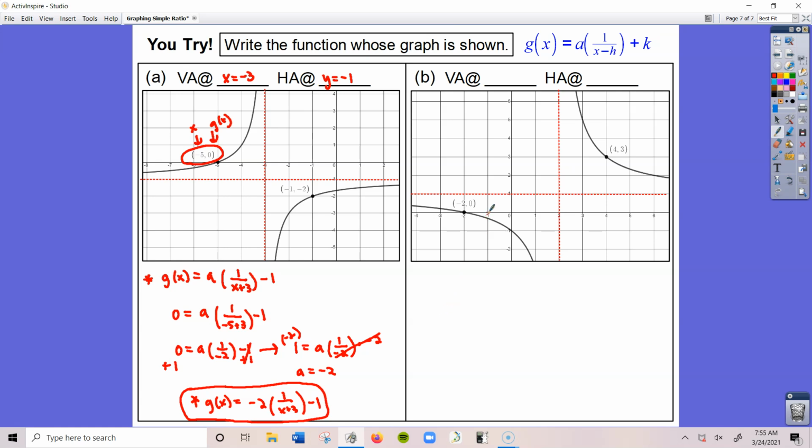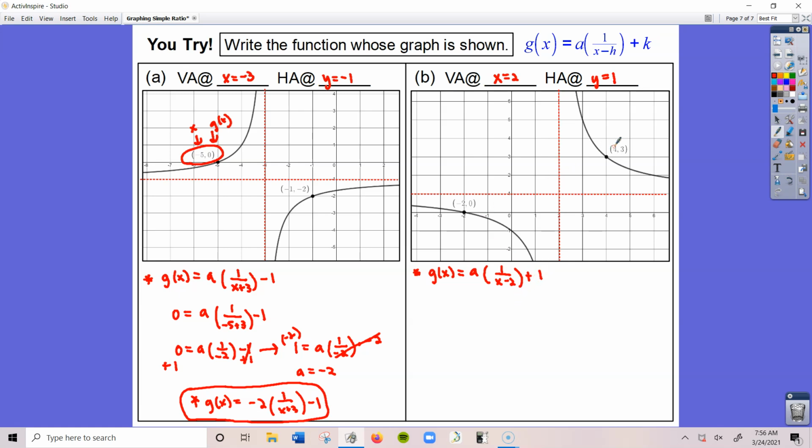Last one here. We have our vertical asymptote at x is equal to 2. And we have our horizontal asymptote at y is equal to 1. So we're going to write out the equation so far. We have g of x is equal to a parentheses 1 over x minus h, which is 2, plus k, which is 1.